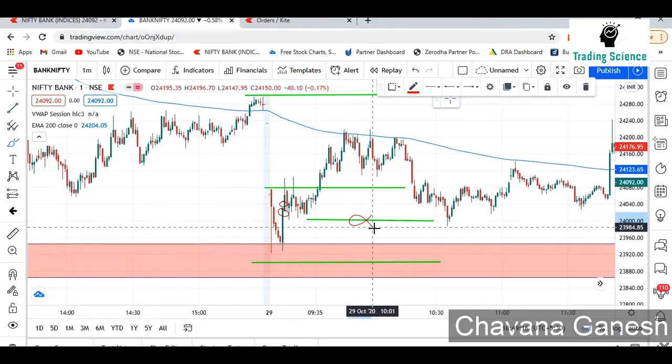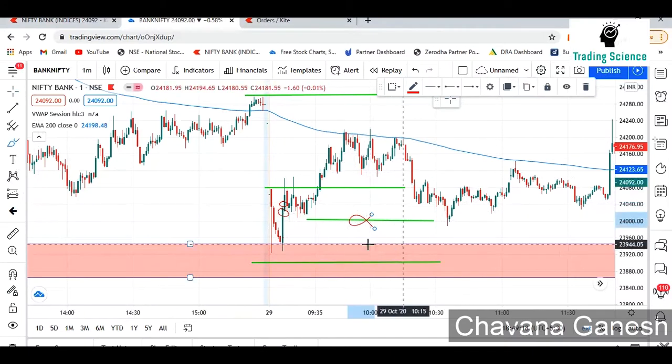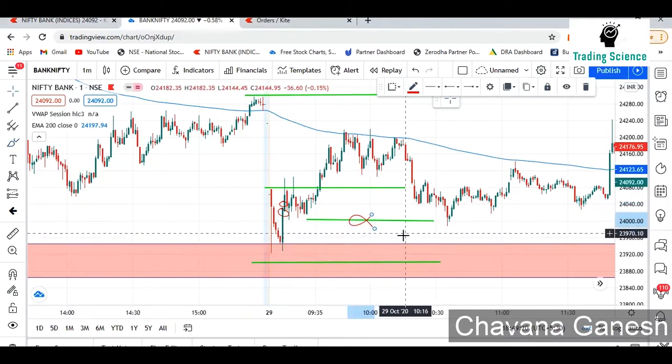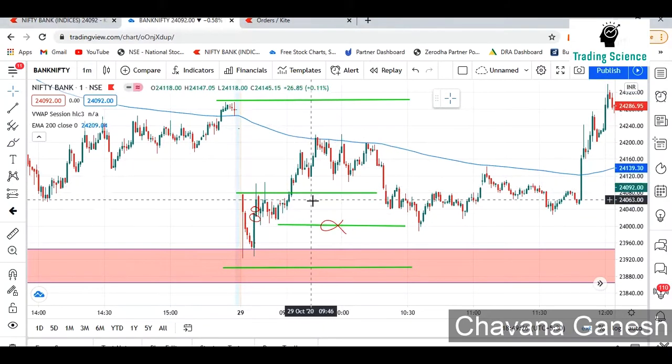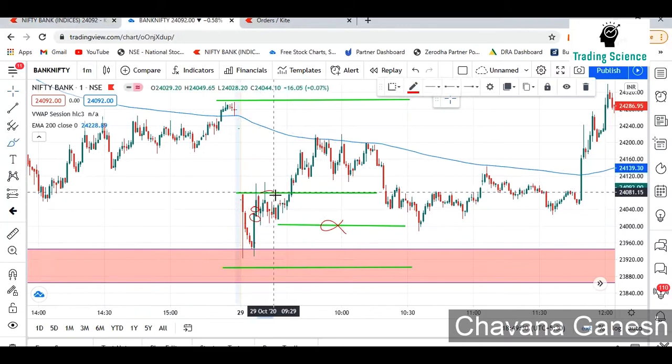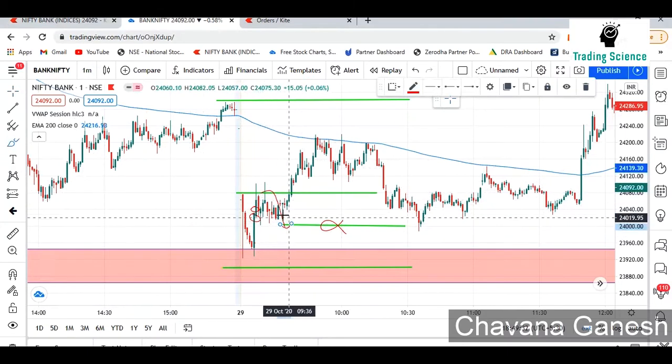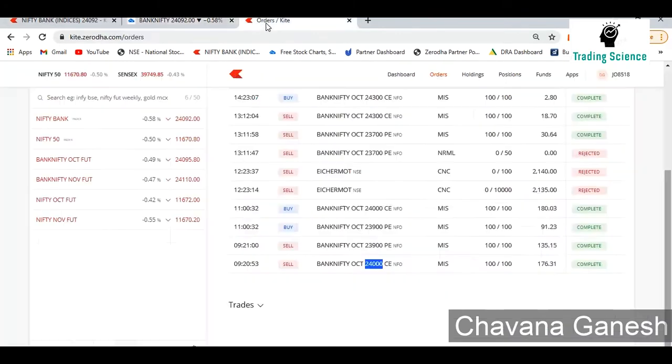We should not go for in-the-money options for short selling. But that's fine. I expected the market to come back from here, and I expected the market down from here. I shorted PE as well, within seconds I shorted 100 quantity at 175 and 135.